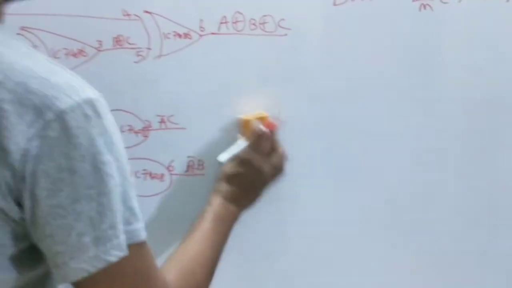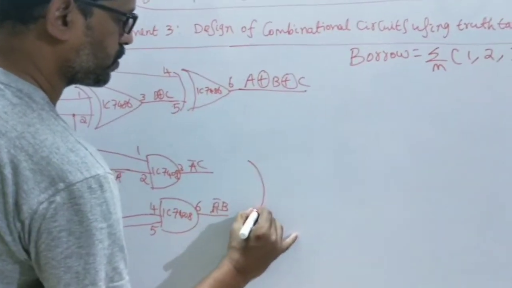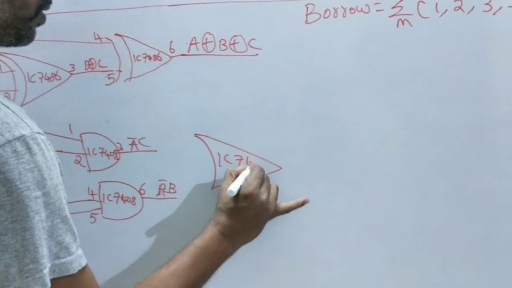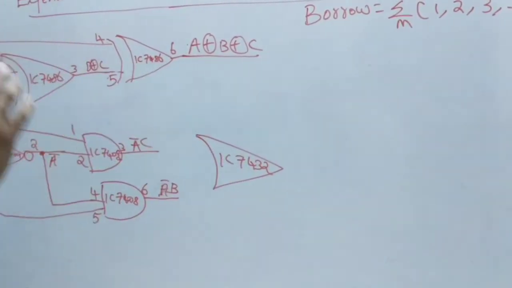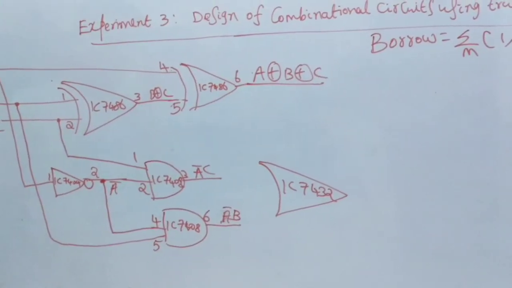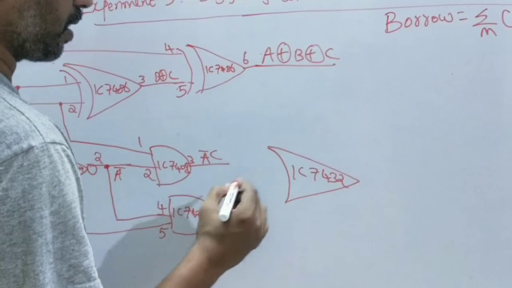First we need to combine these two with an OR gate, IC 7432. You can form 2 by 2 inputs. You cannot connect 3 inputs at a time because all of these are 2-input ICs. Okay.